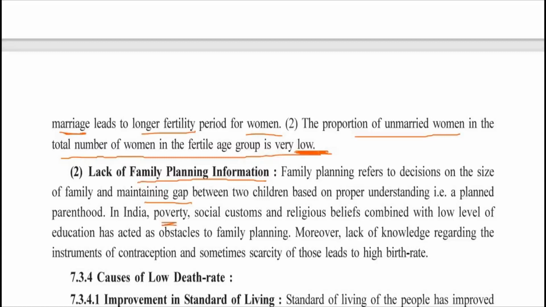So poverty, social customs, religious beliefs, all combined with a low level of education have acted as obstacles to family planning. Moreover, there is a lack of knowledge regarding the instruments of contraception, right? And even scarcity of these also leads to a high birth rate. So we saw the causes of high birth rate.